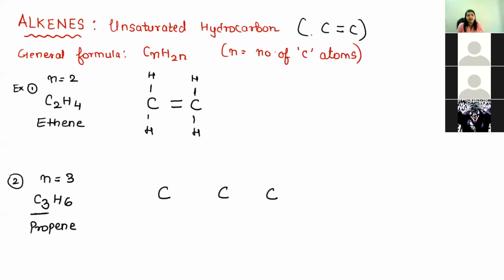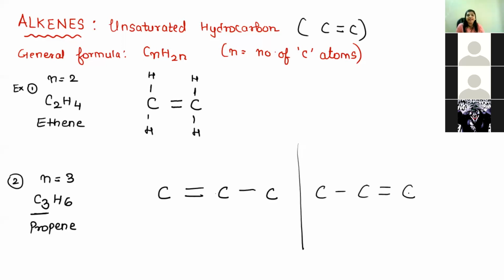And now it has a carbon to carbon double bond. That doesn't mean that between every two carbon atoms there will be a double bond. It's not like both the carbons will have a double bond. It is either side. Either you put the double bond between first and second, or you put it from that side, first and second.